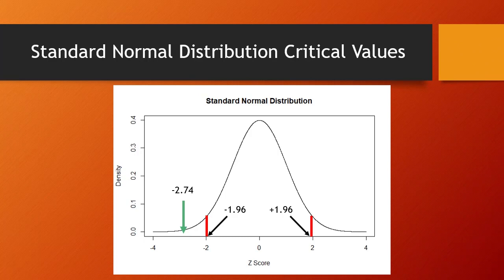For any test statistic that is between minus 1.96 and positive 1.96, we make the decision to retain the null hypothesis. The use of a test statistic and comparing that test statistic to critical values is an alternative way to conduct a hypothesis test. In the next video, I'll show you why this is important.